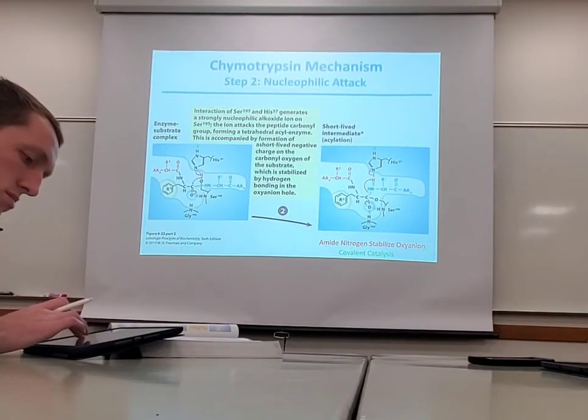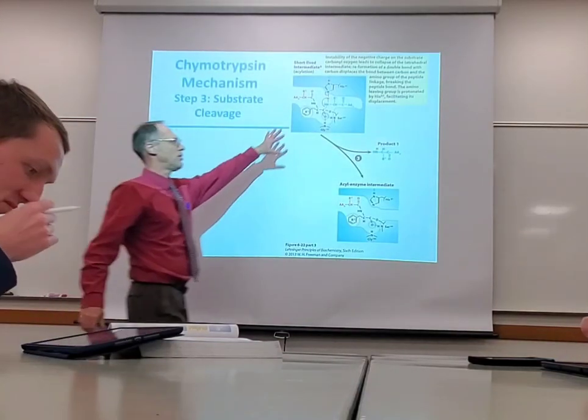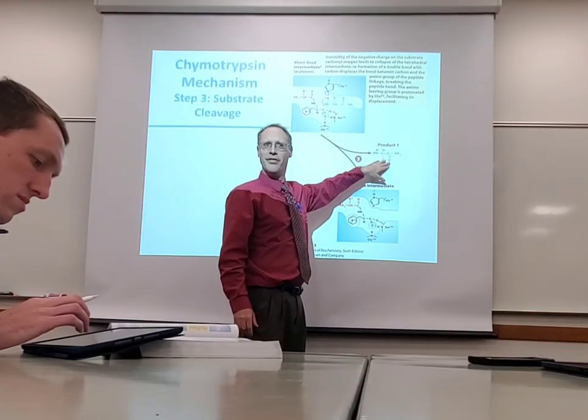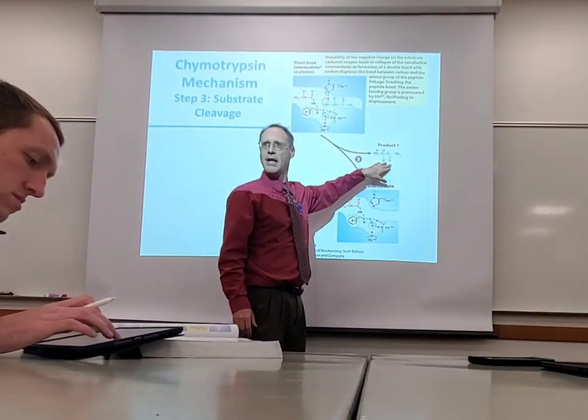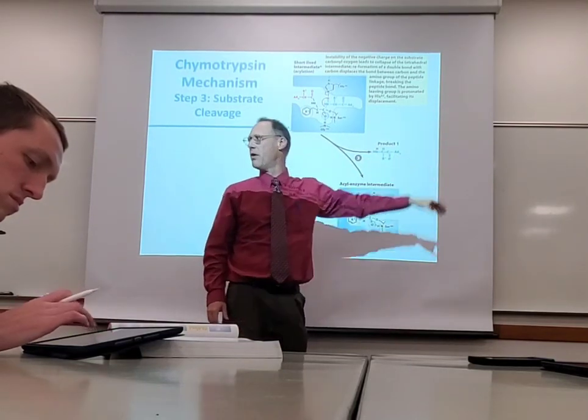But if that happened, then what just broke off? What now can pop off? All of this stuff downstream. The aspartate. I literally just cleaved it, and that can float away.